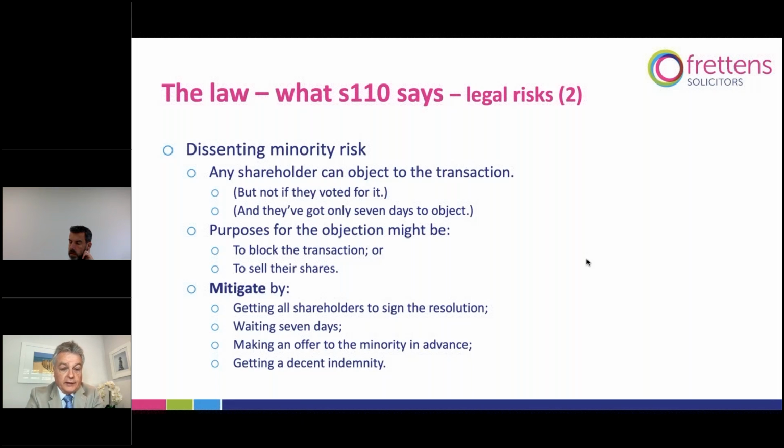The first one is, if you can actually get unanimity of the shareholders, there is no problem. The second one, which would be relevant if you've got a lot of shareholders, or minority shareholders who are difficult to get involved in all this, is simply to wait 7 days.